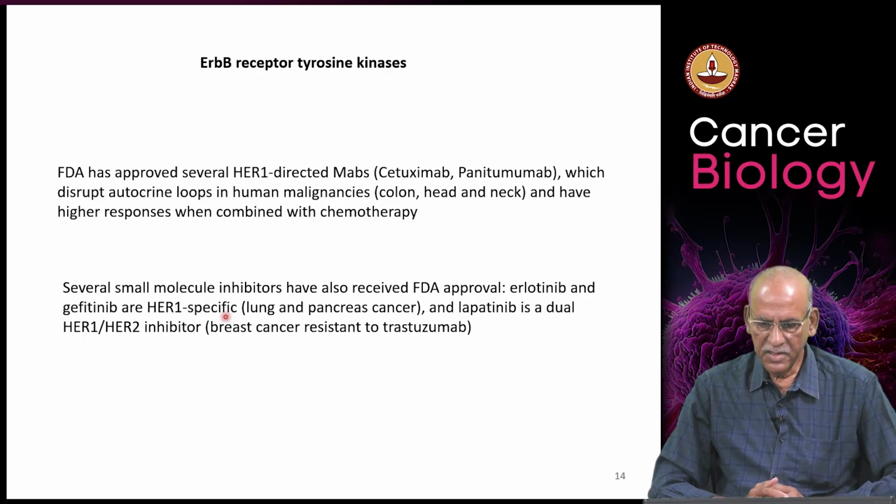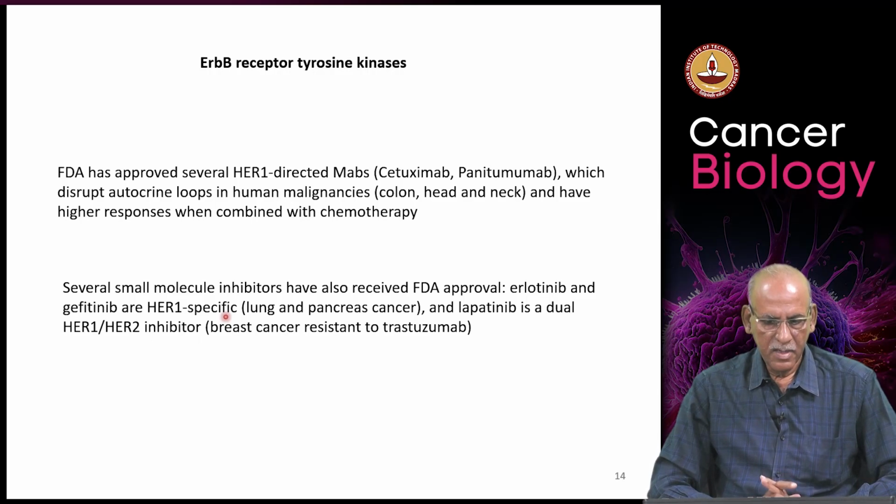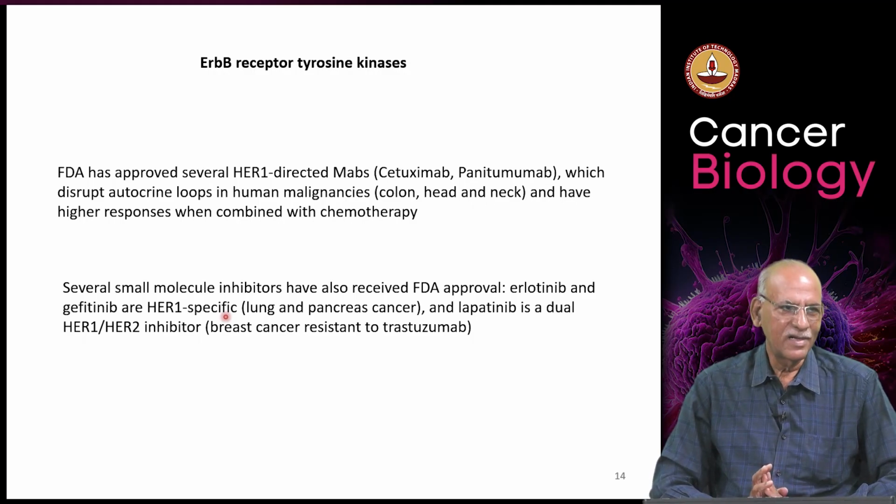So, the antibodies are cetuximab, panitumumab, a little bit difficult to pronounce, but that is what it is, which disrupt autocrine loops in human malignancies, colon, head and neck cancer, and usually they are not standalone drugs.